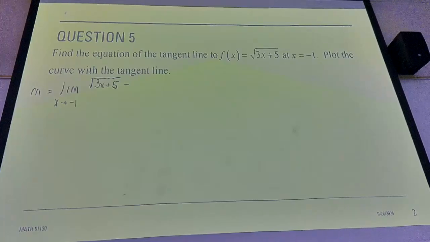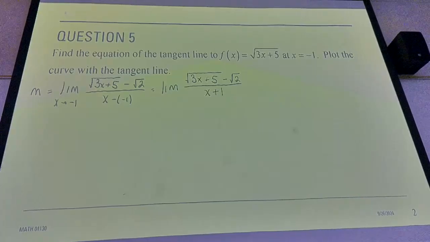What is f of -1? That's the one we're looking at. Can we simplify the numerator?